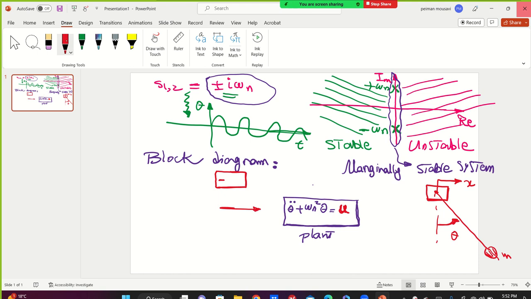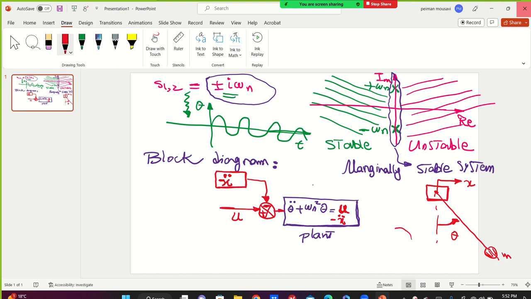So this u is being added, okay, but minus this x double dot. That's right. You see what I'm saying? So now, if you do that, you're going to have u minus x double dot here, and this goes here.